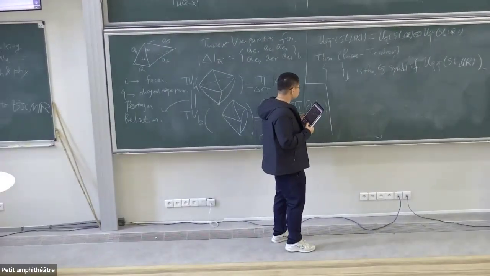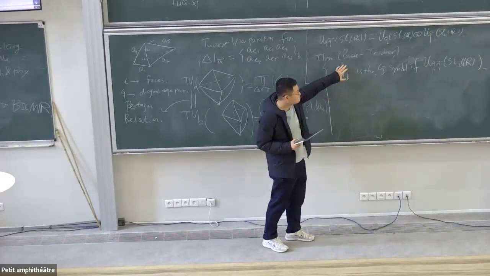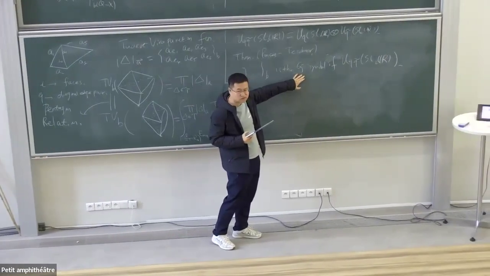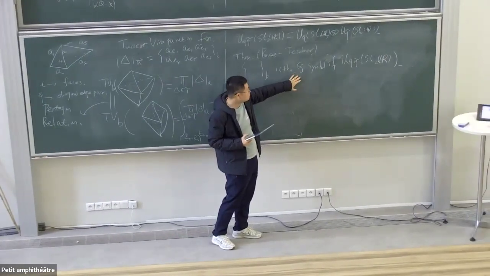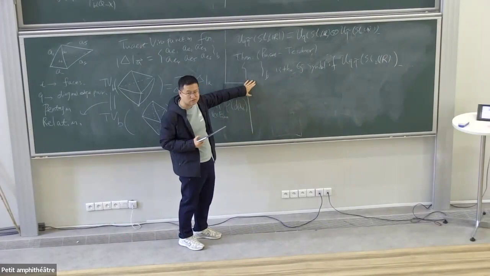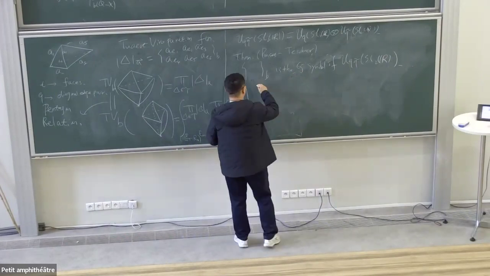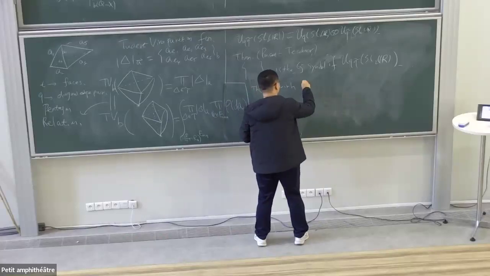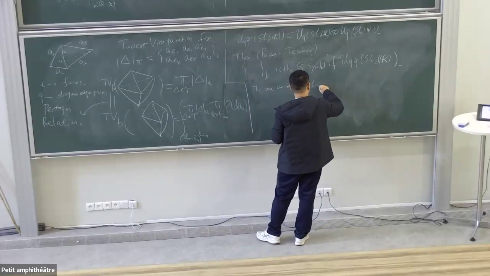To be more precise, in the original paper by Ponsot and Teschner, the expression of the 6j symbol is a little bit different from what I wrote here. It does not have the tetrahedral symmetry. The one which has a tetrahedral symmetry uses another normalization, and that was first introduced by Teschner and Vartanov.